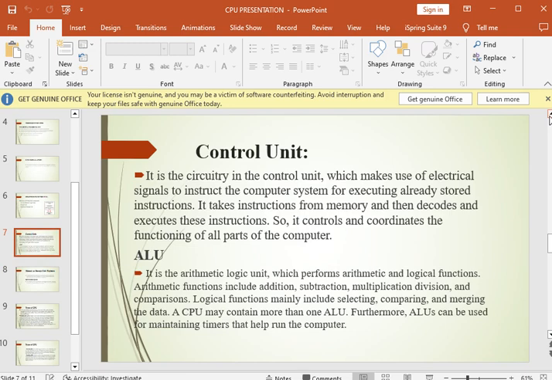ALU, it is the arithmetic logic unit. The abbreviation is ALU, which performs arithmetic and logical functions. Arithmetic functions include addition, subtraction, multiplication, division, and conversion.